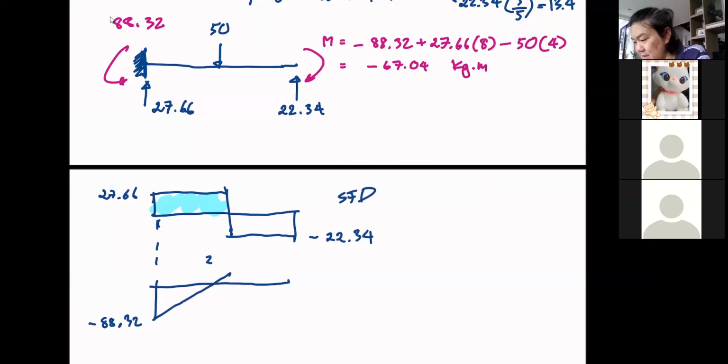It's the same number as the shear, 22.34, and then this negative area will bring this moment finally down to that value, which is minus 67.04.